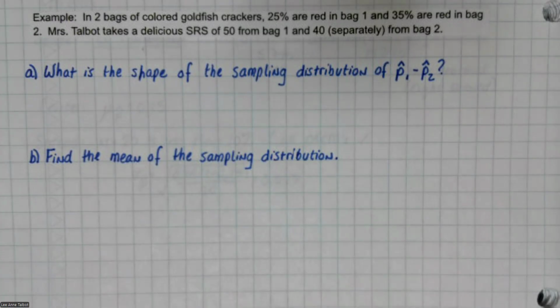Before we begin, I need you to know that problems like this and problems like the ones in the homework you just did are going to be mixed together at the end of the chapter. It's really important to me that you're able to identify which set of formulas you should be looking at. So when you read this, I want you to be able to say to yourself, this is a difference in proportions.